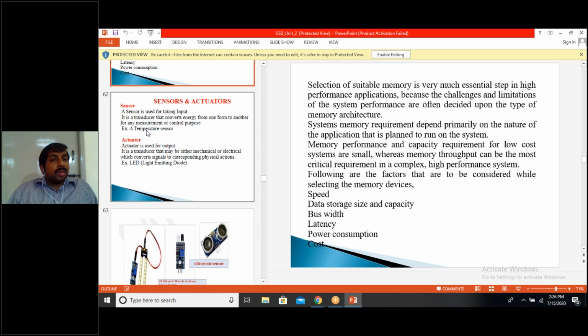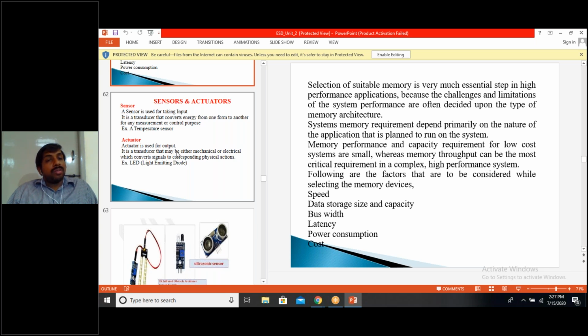These digital pulses are stored in the memory, and your processor, the hardware system core, processes this data. Then it is converted again to an analog signal. This analog signal is given to an output, that is your actuator. So the sensor is used for taking the input, whereas the actuator is used for output.